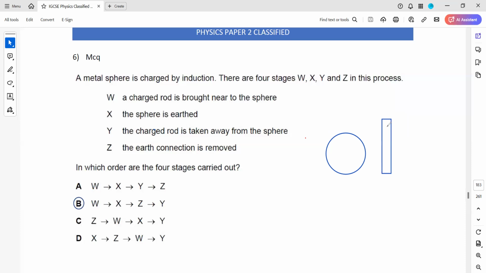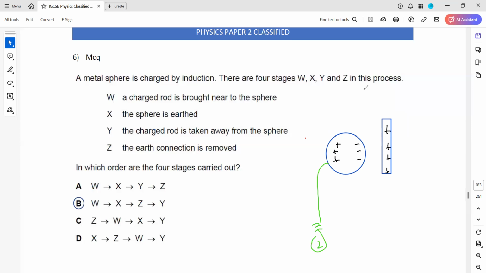When we bring a charged rod, this will create a distribution of the charge within the sphere. Then we should connect an earthing wire. The first thing, we bring a charged rod; second, we connect an earthing wire.